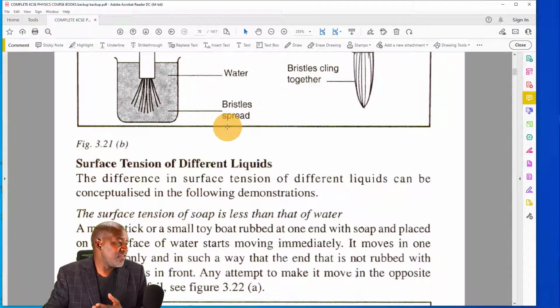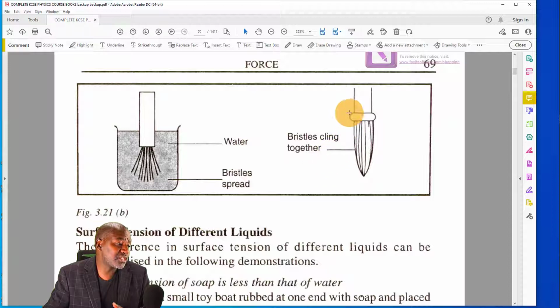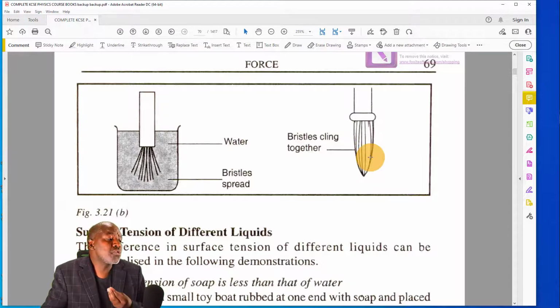And then there are the brushes: you will see the bristles of a painting brush, like the one used by art students. When you put it in the water, the bristles are all spread out. But the moment you lift it out of the water, they come closer together. It's because of the cohesive forces between molecules of water, as the water molecules try to come together, they pull the bristles closer together. And this is what you end up having.